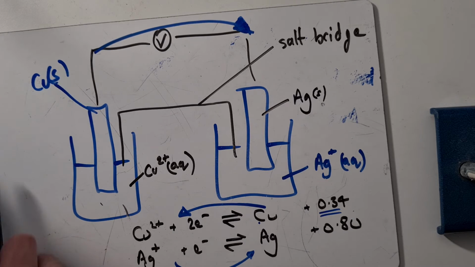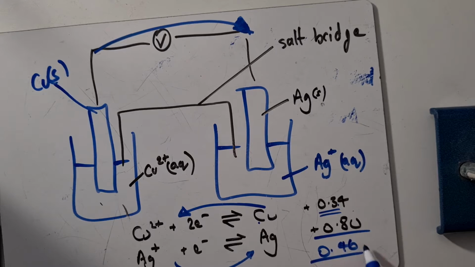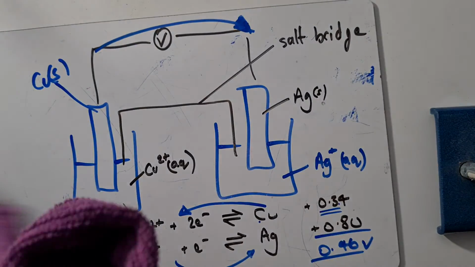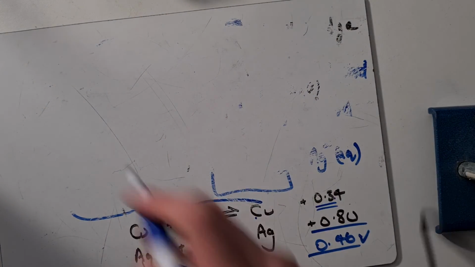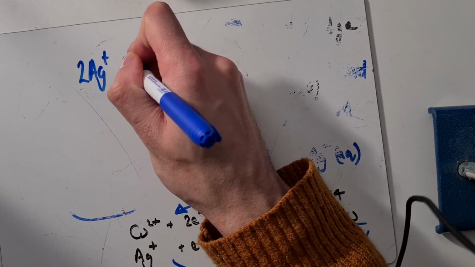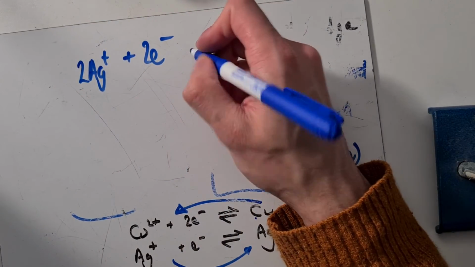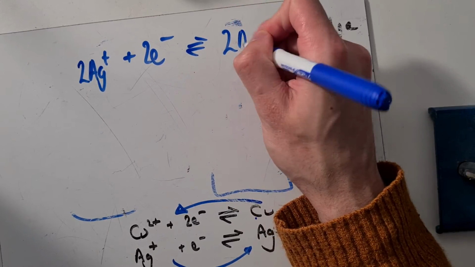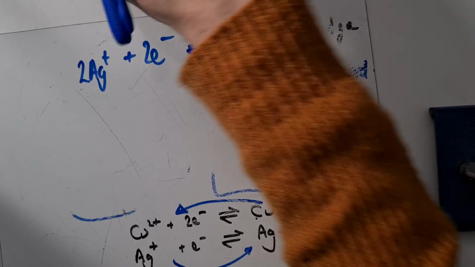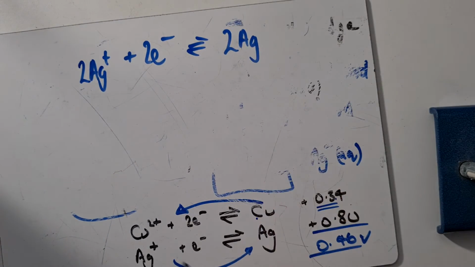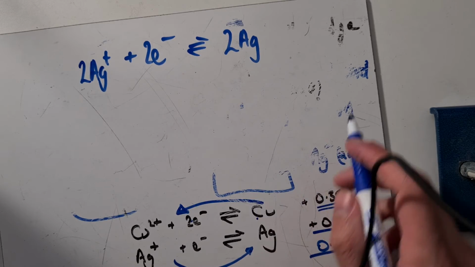Part 3, calculate the standard cell potential, which is 0.80 minus 0.34 to give us 0.46 volts for that 1 mark. And the overall cell reaction, I don't really have space for this, so I'll just rub this out to create myself some space. I'll need 2Ag+ plus 2e- going to 2Ag because I've got 2 electrons for each copper, but just 1 for the silver.